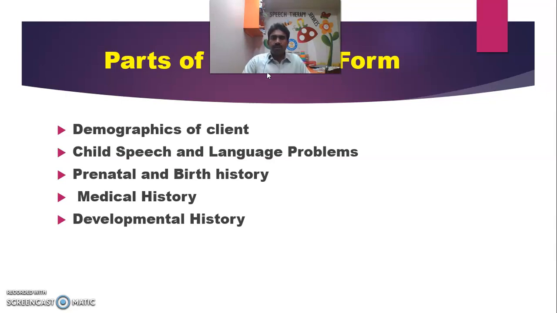And you should ask about the child's speech and language. Is he on one word, two words, and what is the way of communication? Does he communicate with gestures or a single word, and can he or she recognize common things, common objects like a car, doggy? Does he recognize his mother or his or her father?